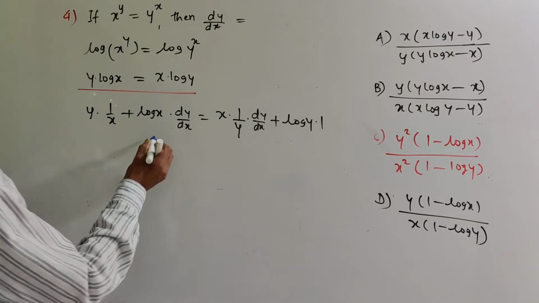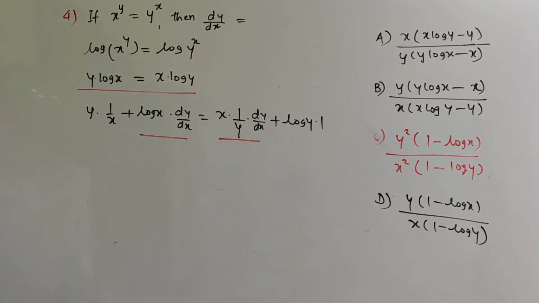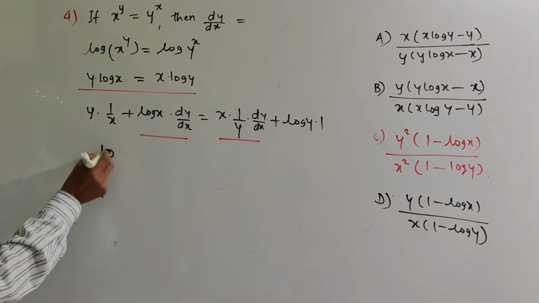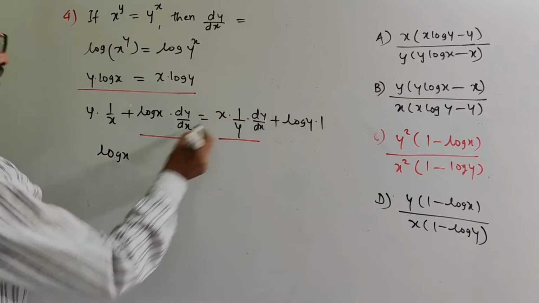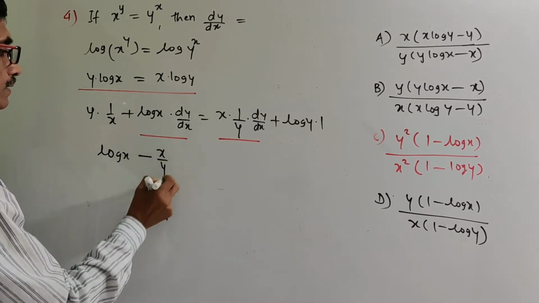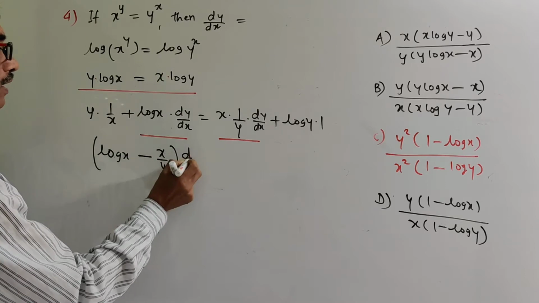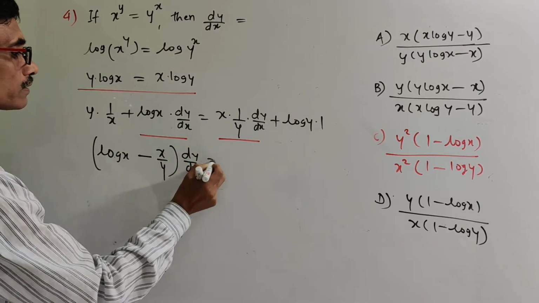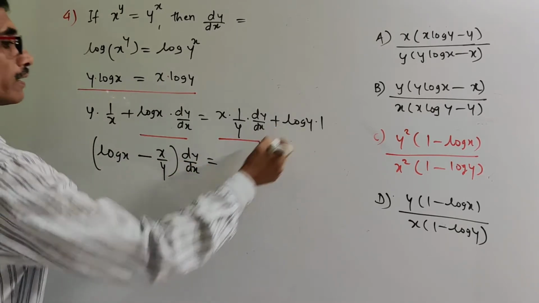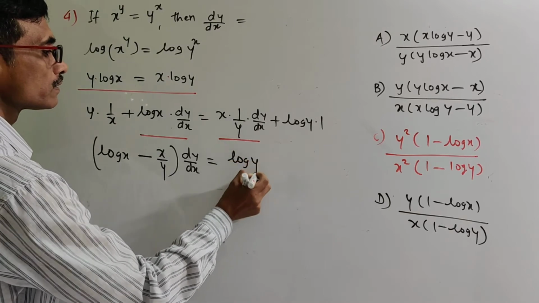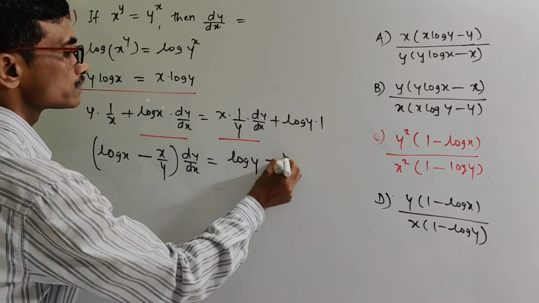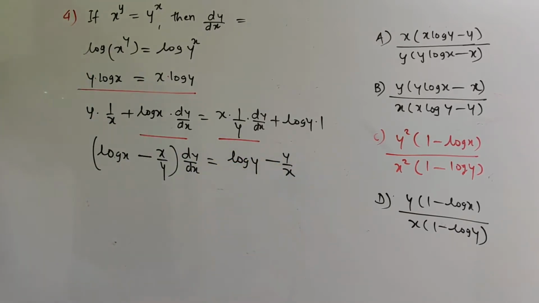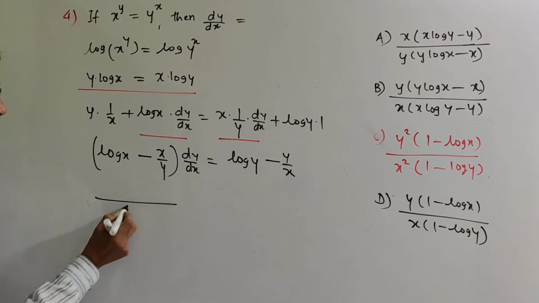Collect the dy by dx terms. So it will be log x minus x upon y into dy by dx, taking common. On the other side, log y minus y upon x. Here the LCM will be y.